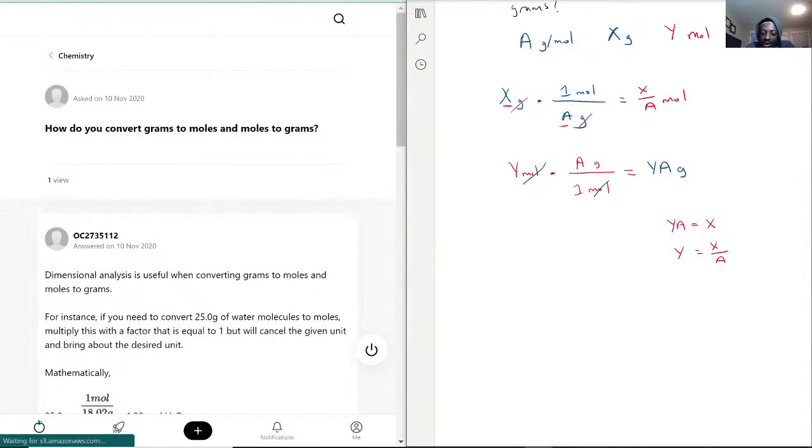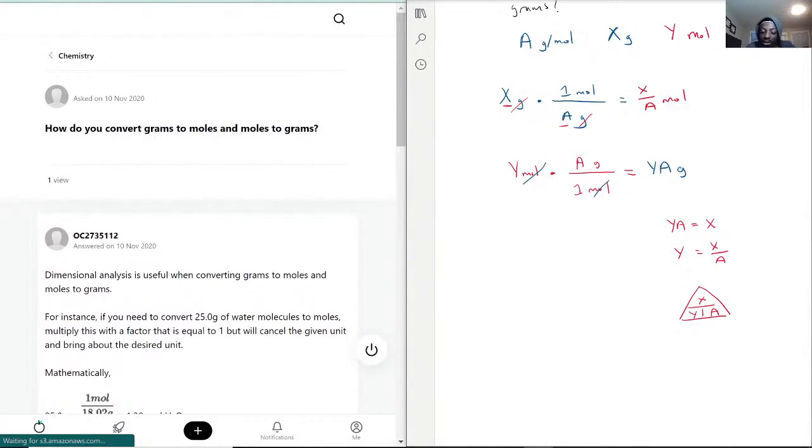Because the relationship is, if you drew that triangle, not sure if you guys remember, the grams would be at the top, X, the moles would be on the side, Y, and A would be the molar mass. So whichever one you're solving for, you would work through the other ones.